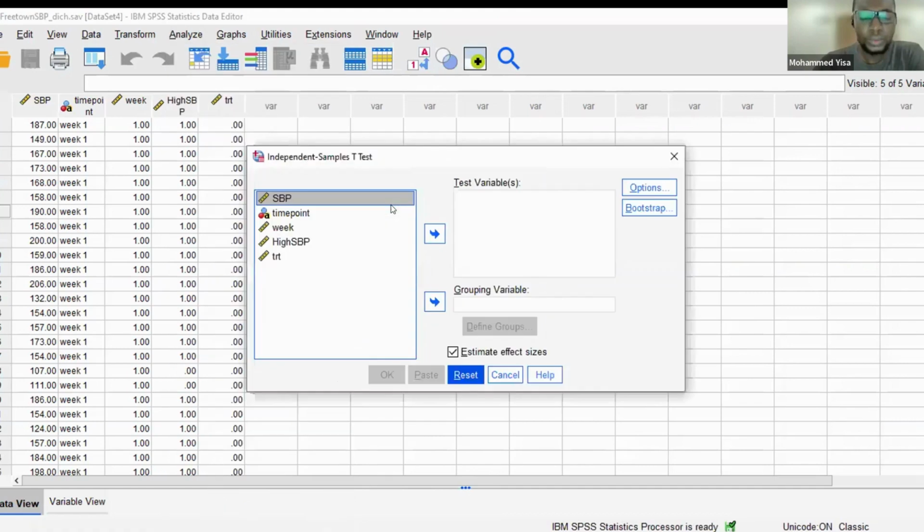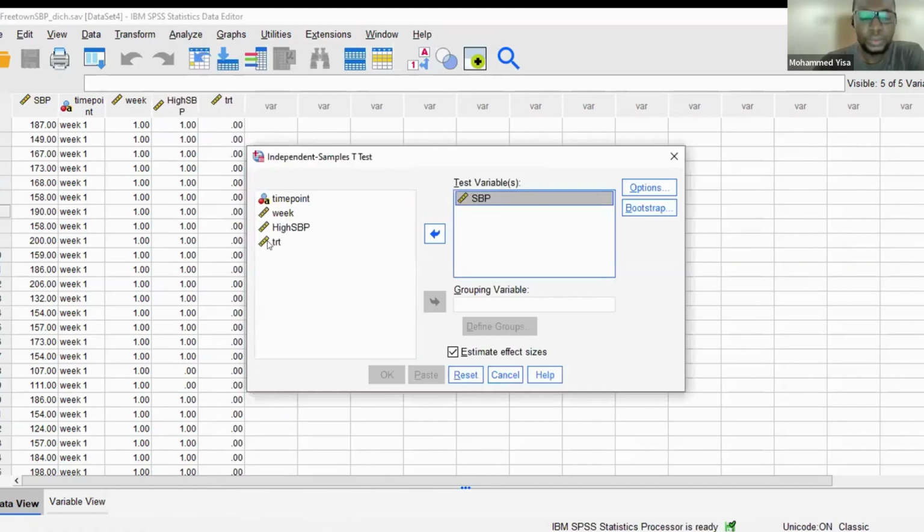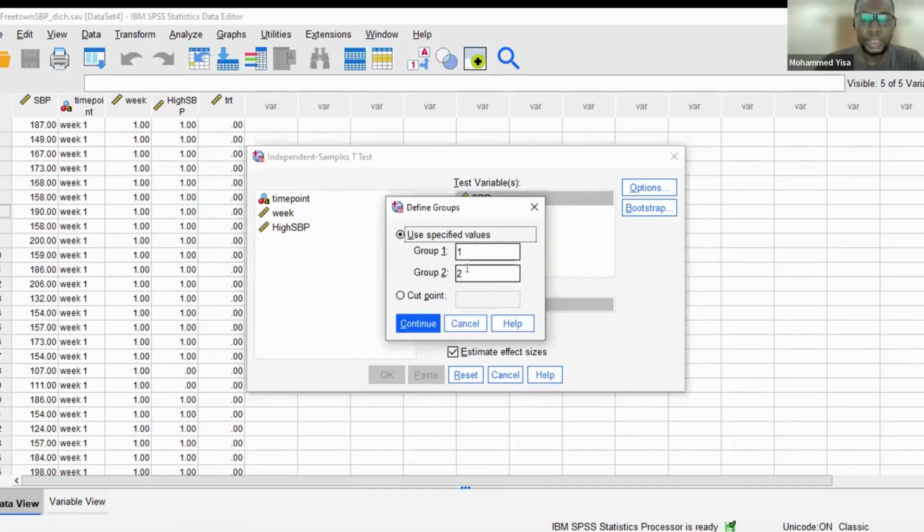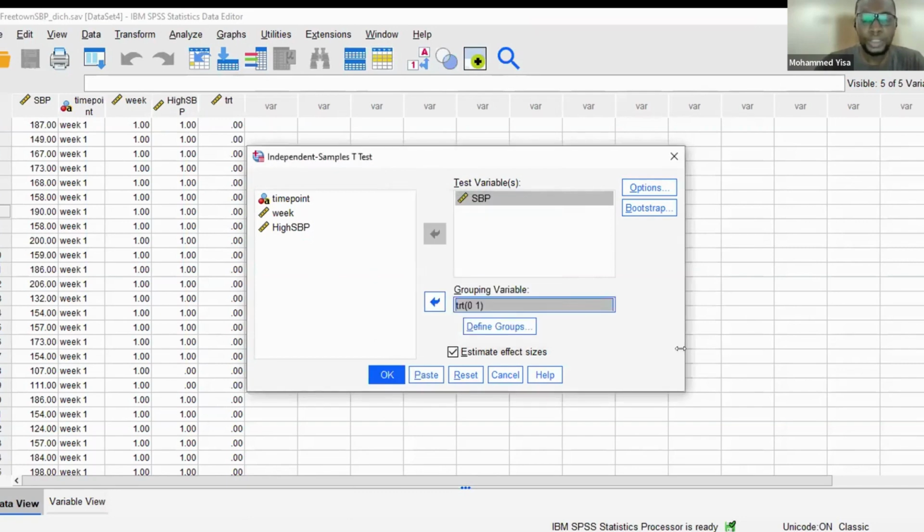The variable that we're testing is systolic blood pressure, and the grouping variable is treatment. Then we define the groups. We enter 0 and 1, as we have already demonstrated in the data set, and this is all we need to do actually.